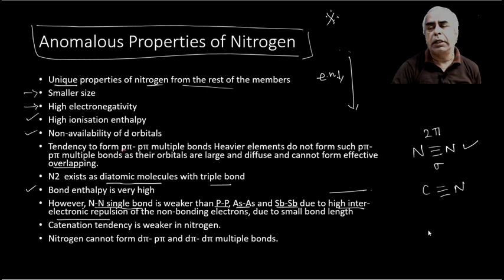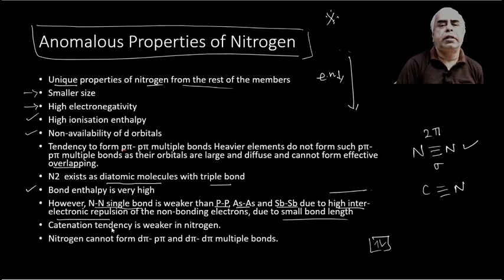We have already seen nitrogen has a lone pair of electrons. That is responsible for the repulsion, and that results in the smaller bond length also. So the catenation tendency, meaning chain forming tendency, is weaker in nitrogen, whereas phosphorus and other elements can form it. Then nitrogen cannot form d pi p pi or d pi multiple bonds because it doesn't have d orbitals.